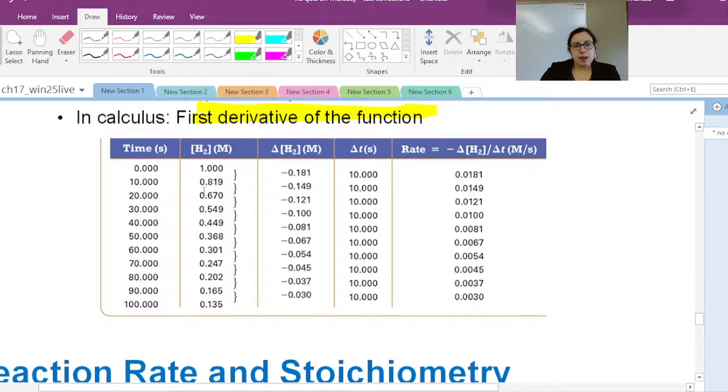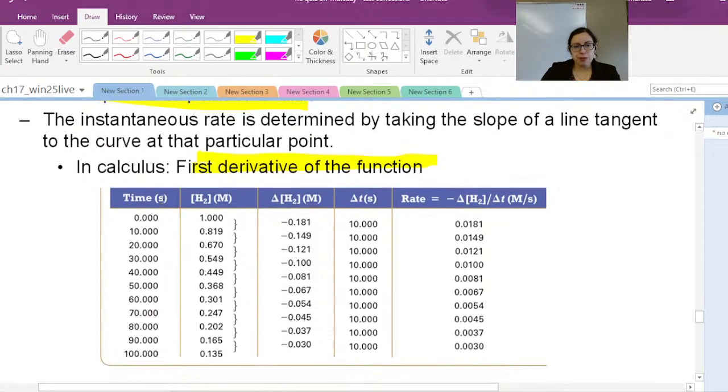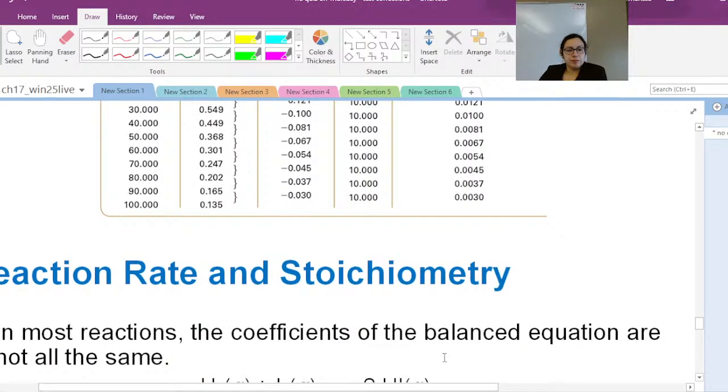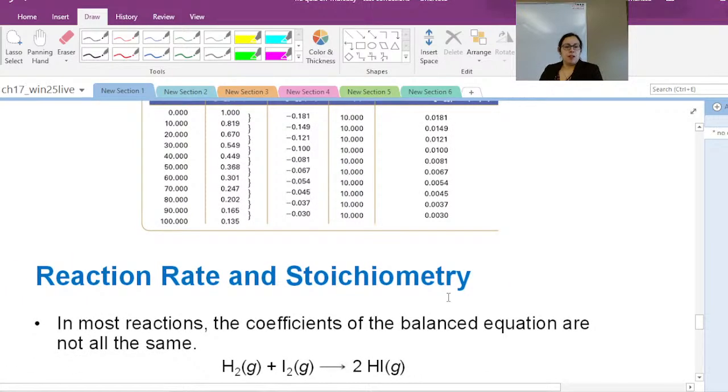Are you taking the average rate, where we're looking at our entire time period of 100 seconds and how much our molarity changed, or are we looking at the instantaneous rate there? You can appreciate how the rate is decreasing, which makes sense, and we'll see again as we dive into the math. All right.